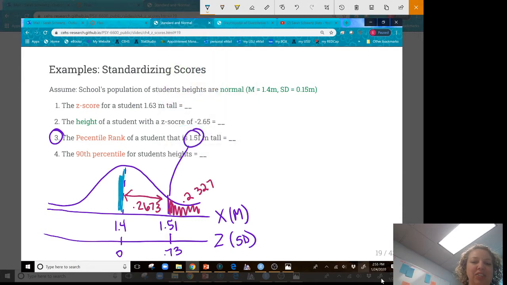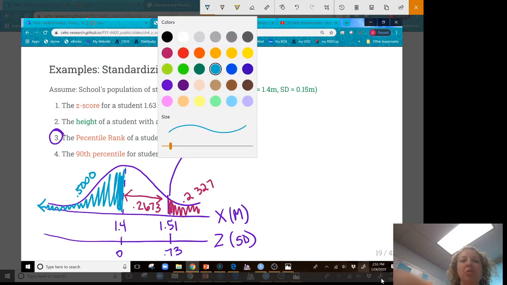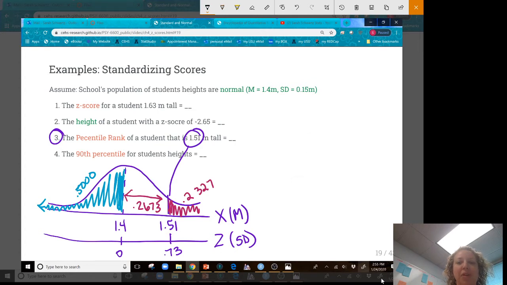How much area is from the center all the way to infinity? It's half the curve. The whole curve adds up to 1, so this would be 0.5000. So there are actually at least two ways to come up with our percentile rank.